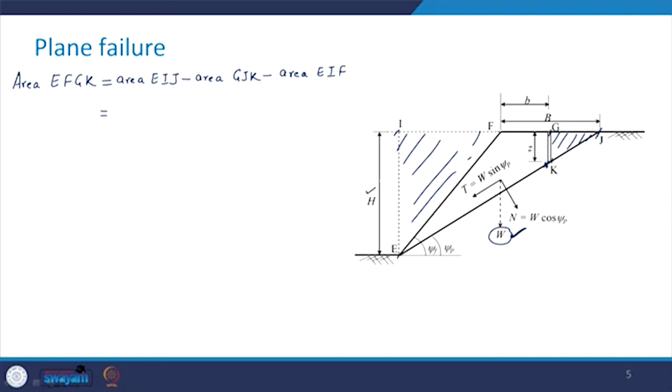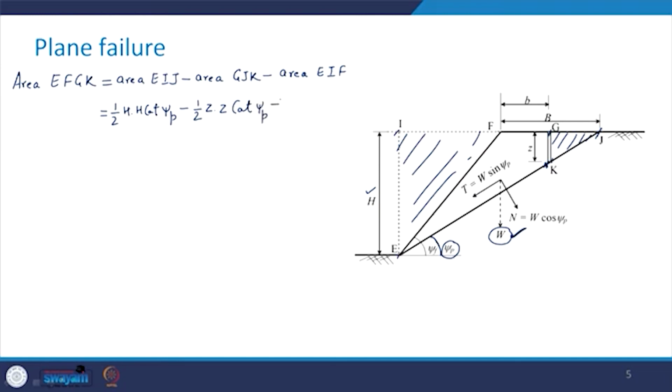See, this height is H, and this angle is psi p. So, we will have half H into H cot psi p. Similarly, for GJK, the height of this triangle is Z. So, I will have half Z into Z into cot psi p.